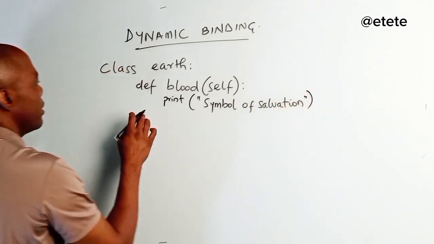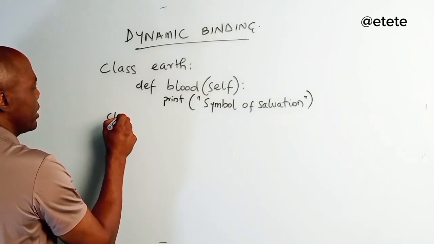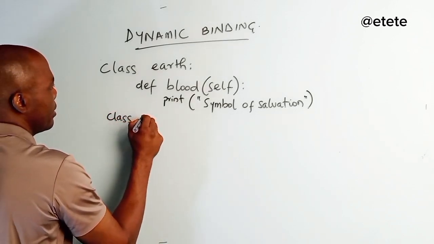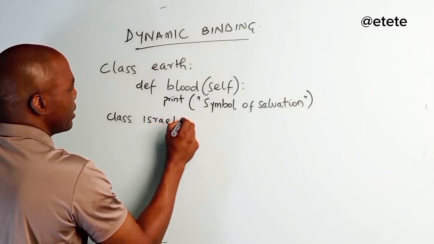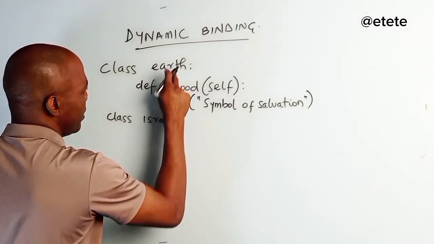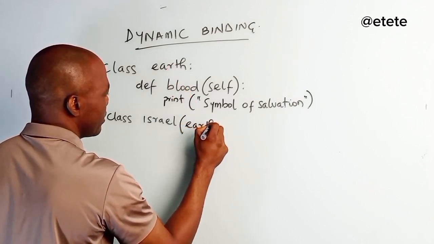right? Then we create another class. We now create a child class, Israel, and the parent class will be Earth, right?